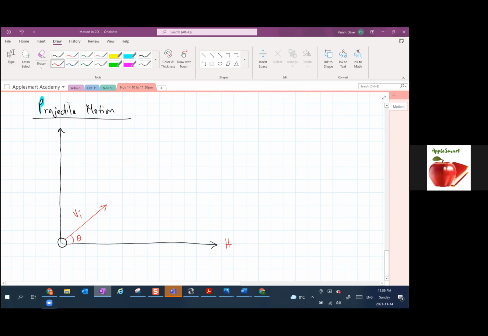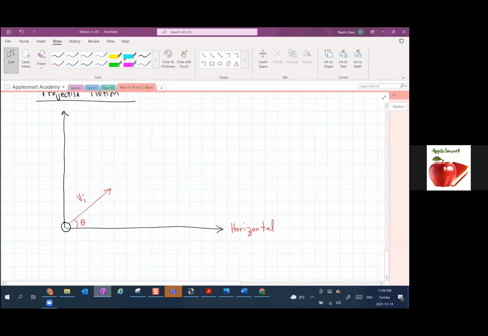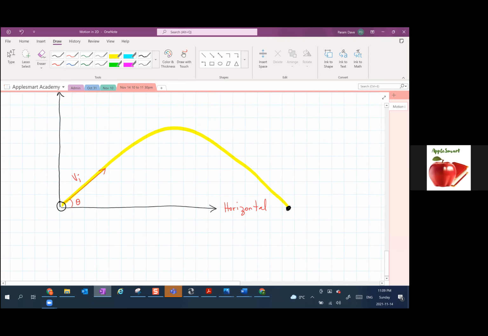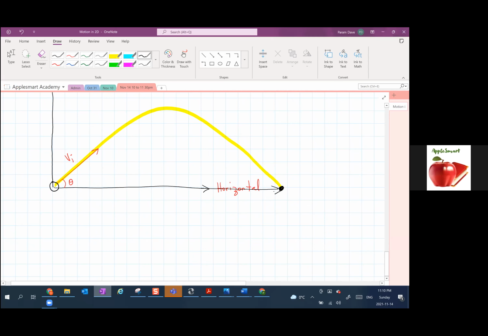And this x-axis, basically the direction that is parallel to the ground, is also called the horizontal. Okay. So obviously you can see now that this ball is going to go up and reach a maximum height and then come back down like that. So it's going to reach somewhere over here. This distance from the start to finish is called dx, obviously because it's falling on the x-axis.